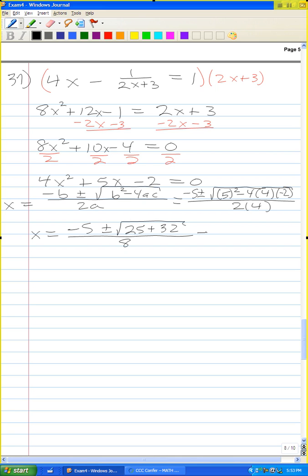And so x is equal to negative 5 plus or minus the square root of 57 over 8.